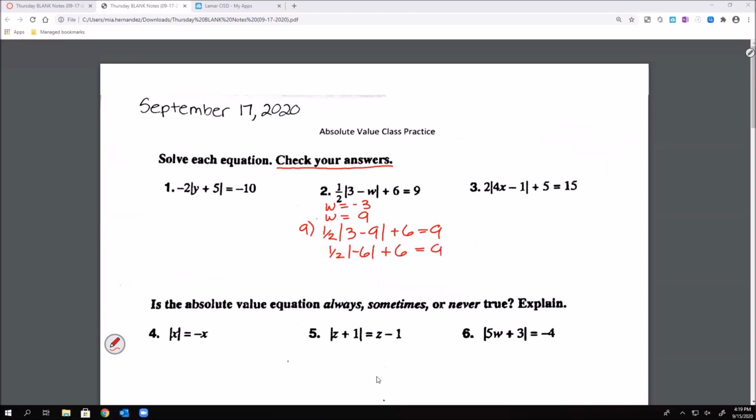Remember, anything inside the absolute value comes out positive, so it's no longer a -6. It is now 1/2 times positive 6. Now we're at 1/2 times 6 plus 6 equals 9. Same thing as last time. I get my 3 from my 1/2 times 6 plus 6 equals 9. Once again, 3 plus 6 equals 9. Check. Both of my solutions work. That's all you have to do for that number 2.